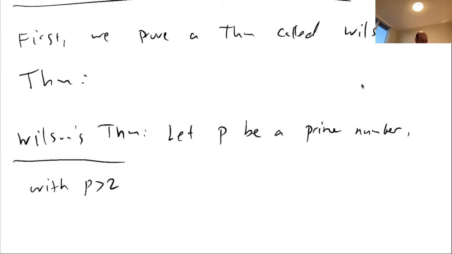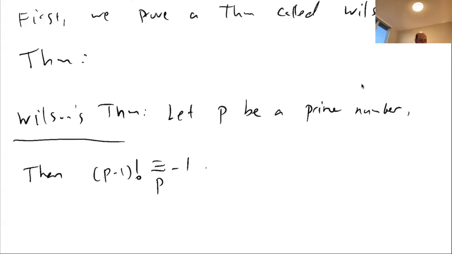We don't actually need P bigger than 2, just any prime number. Let P be a prime number, then P minus 1 factorial is congruent to minus 1 mod P.